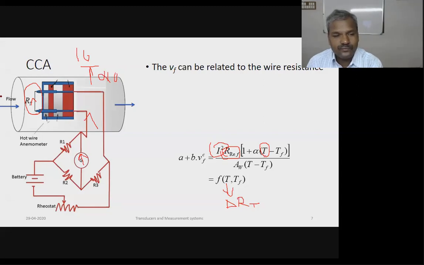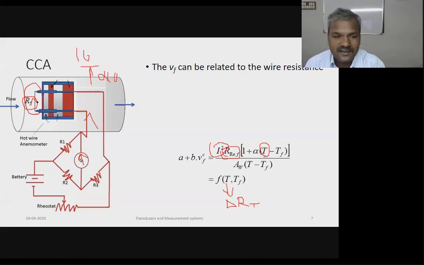When the fluid velocity increases or decreases, there is a temperature drop in the wire. The temperature change in the wire changes the resistance of the wire.